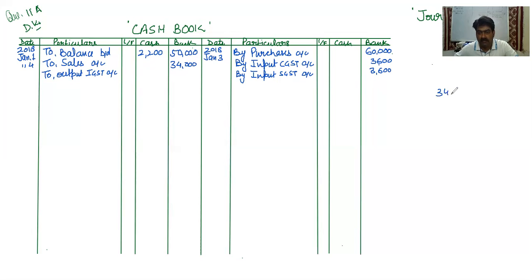So 34,000 into 12% will be 4,080. 12 4s are 48. And 12 3s are 36 plus 4, that is 40. So 4,080 rupees tax will be collected from this particular party, and it will come in debit side. Okay. Now see next point.